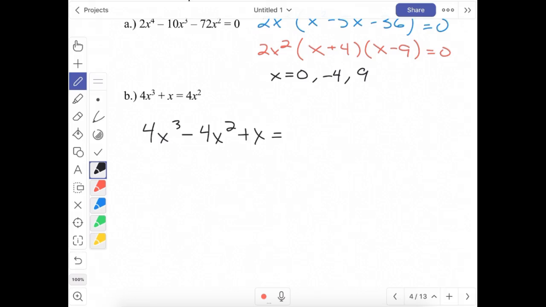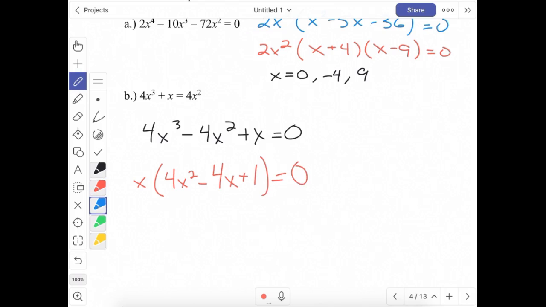Plus x equals 0, and then I'm going to take an x out of everything. So if I do that, I'm left with 4x squared minus 4x plus 1.